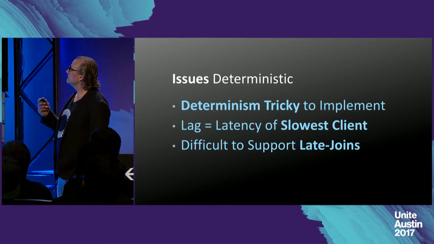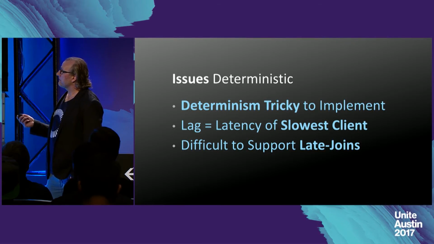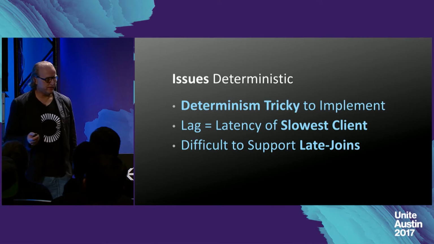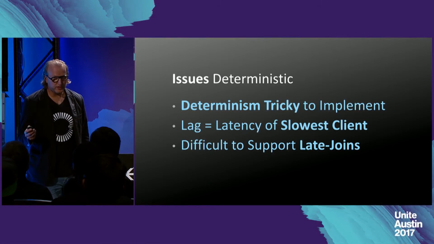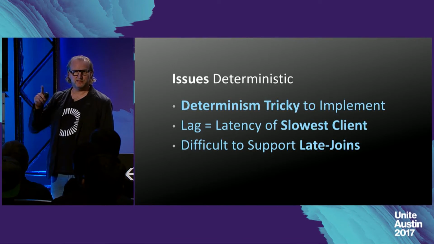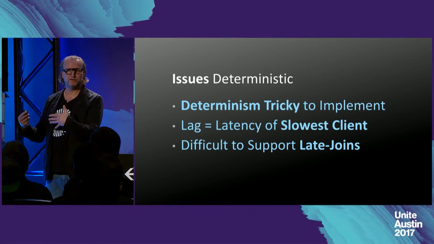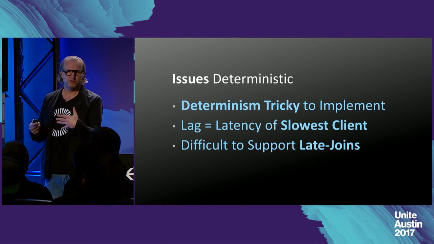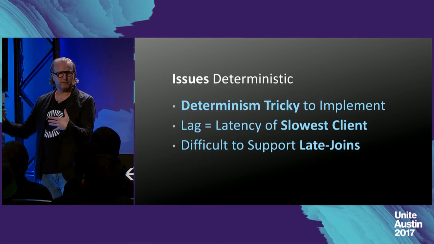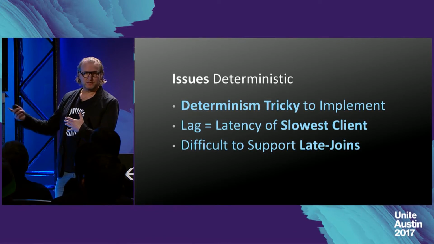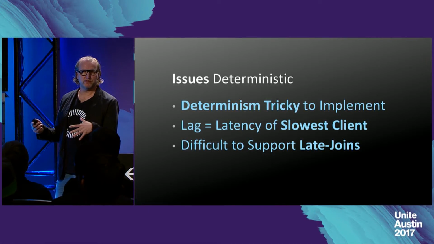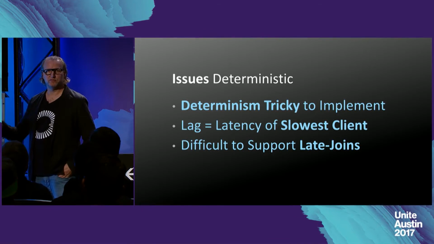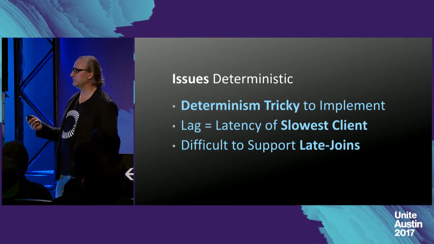The issues: it's very tricky to implement, so we try to tackle this with our frameworks. There's one thing, if you have slow clients in a deterministic game, because you have to wait for input from everyone. You're executing your own input, you're waiting for the input. And if there's a slow client, he can totally destroy the game experience for everybody else, because you have to wait for him to actually make the simulation worthwhile.